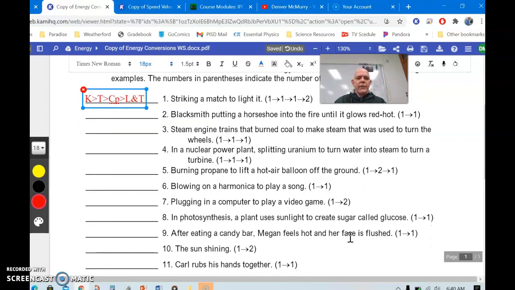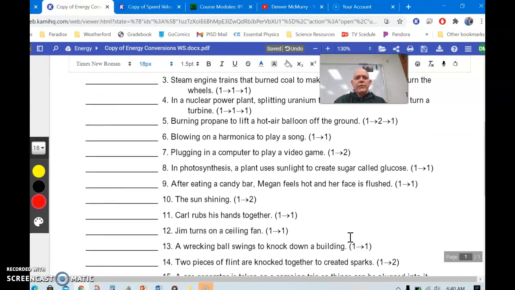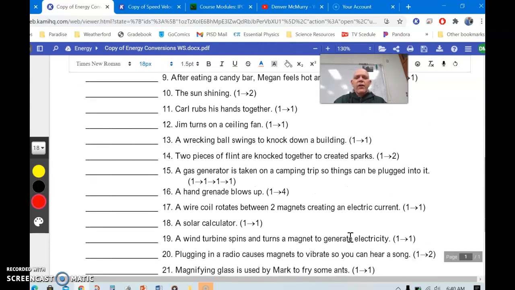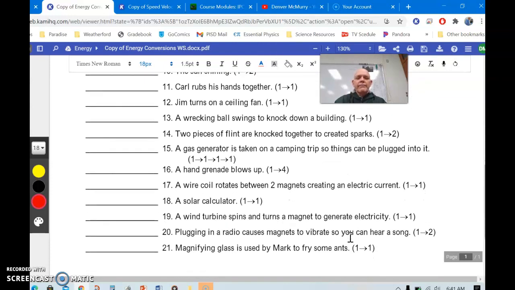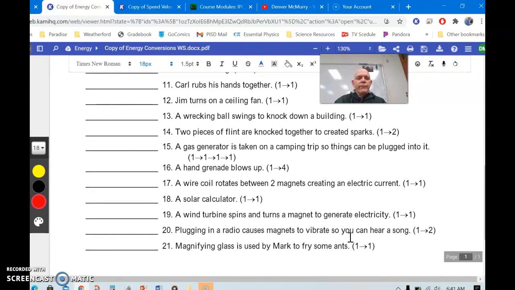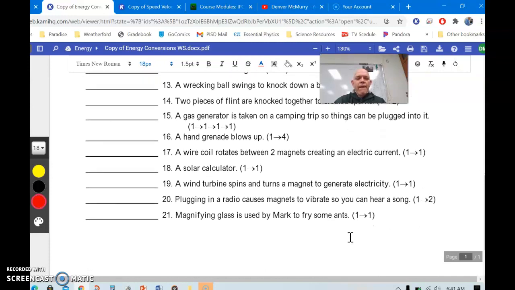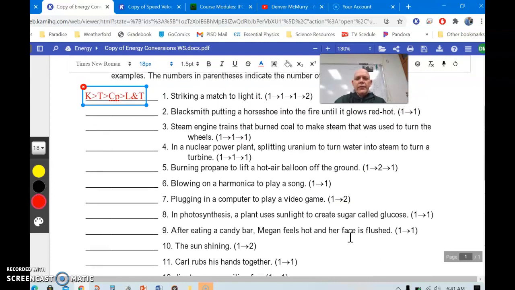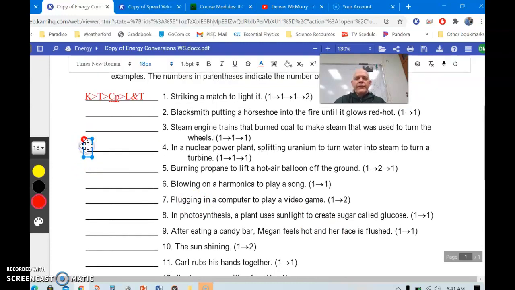I don't remember if there's one in particular that is hard. Let's just try one of these. Let's do number 4. Number 4, in a nuclear power plant, splitting uranium to turn water into steam to turn a turbine.